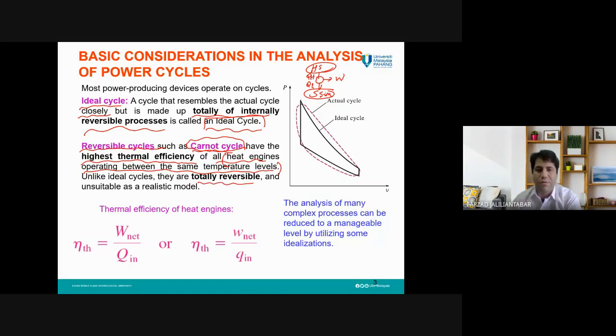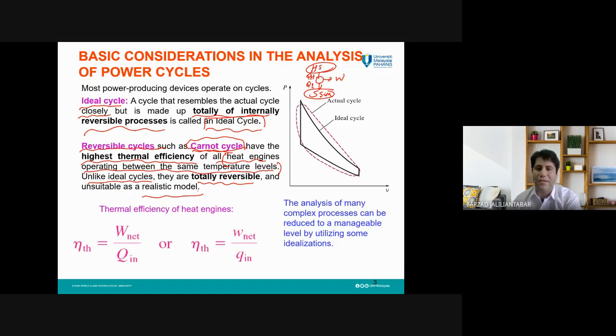It is totally reversible. This type of cycle, the Carnot cycle which we have, is useful.